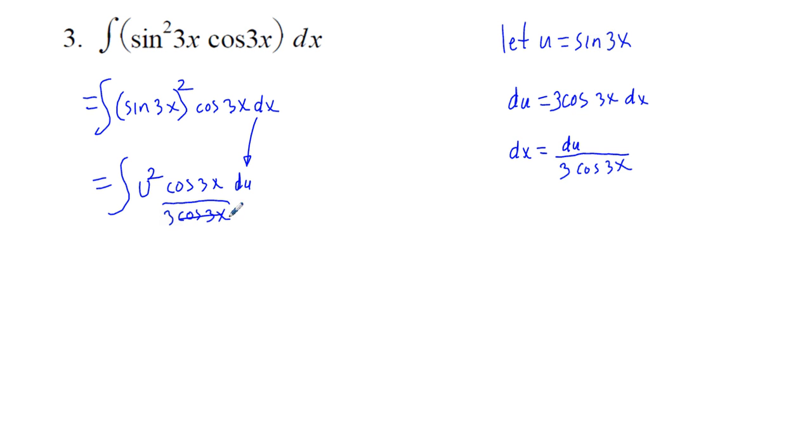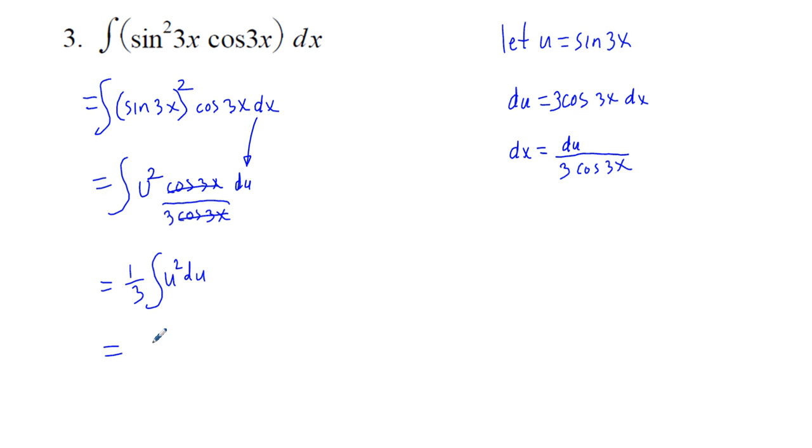So we have a nice cancellation here. And that's going to be equal to, this 3 down in the denominator, we can bring this out front as 1/3 u squared du.